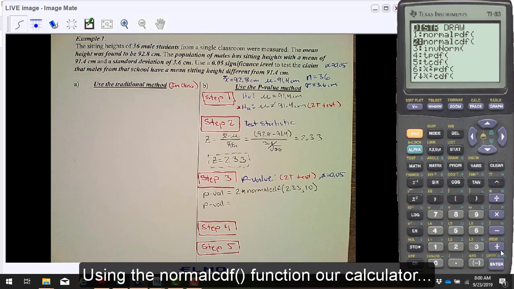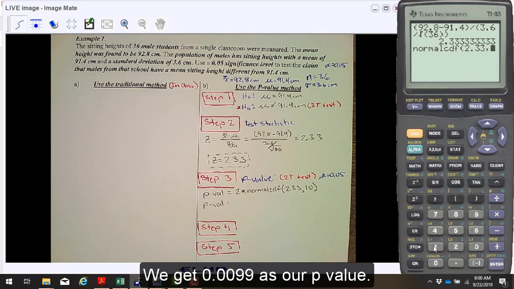Using the normal CDF function on our calculator, we get 0.0099 as our p-value.